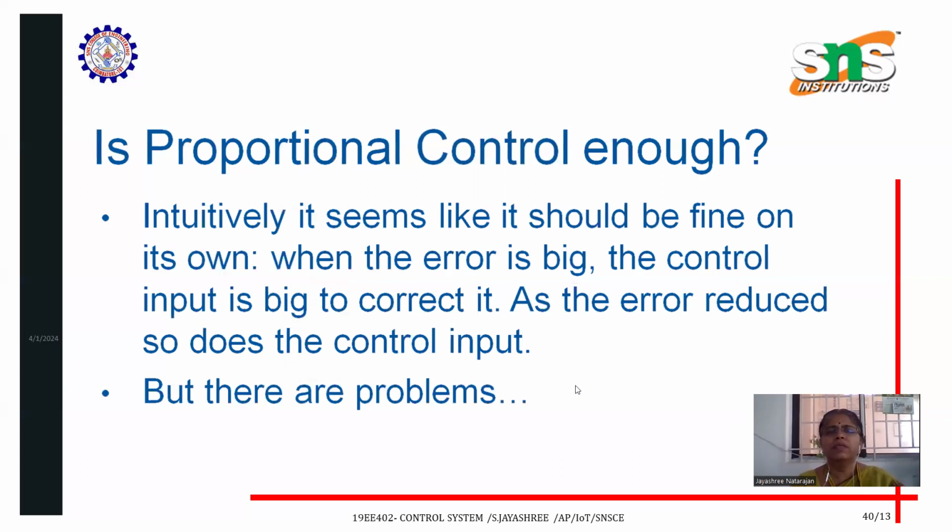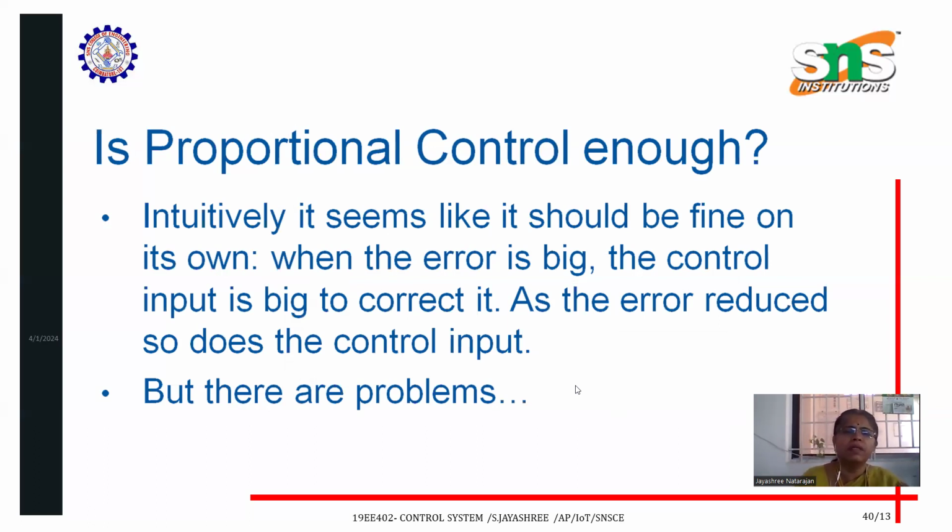Is the proportional controller enough? No, the proportional control is not enough. We have to consider the steady state error also. Usually, before the present error, there is always an error in the system. We have to consider that as a steady state error. Intuitively, it seems like it should be fine on its own.